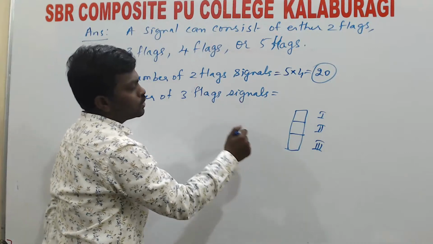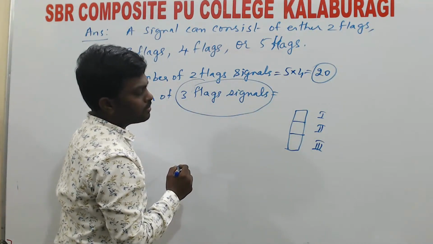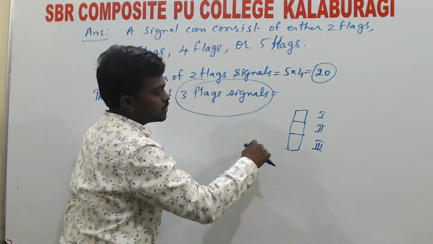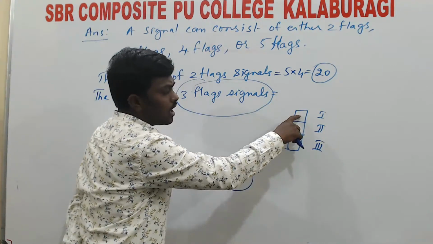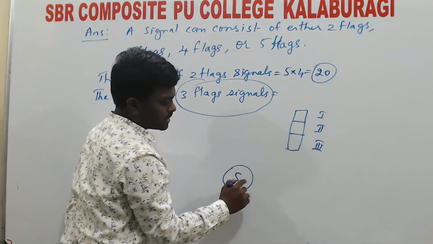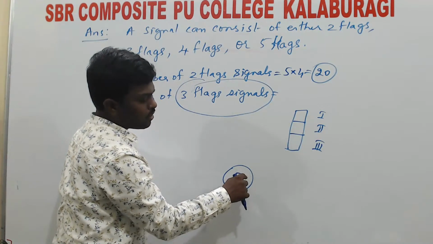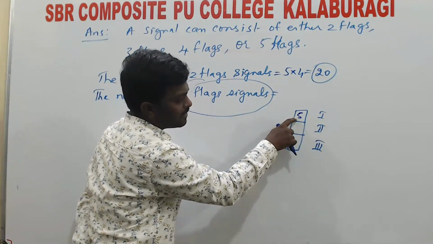To form 3 flag signals, how many options do we have? 5, right? So in the first place, either the first flag, the second, the third, the fourth or the fifth can go. So how many can be filled? 5.